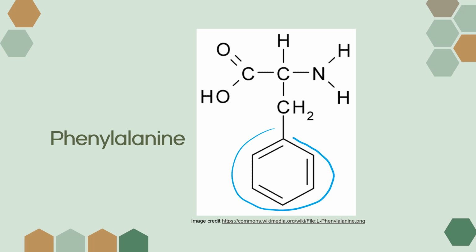This molecule is phenylalanine. It is one of the amino acids that we use to build proteins. Why do we call amino acids amino acids? Well, looky here. There's an amino group. No double O, because the amino group is bound to a carbon that is not bound to a double bonded oxygen.